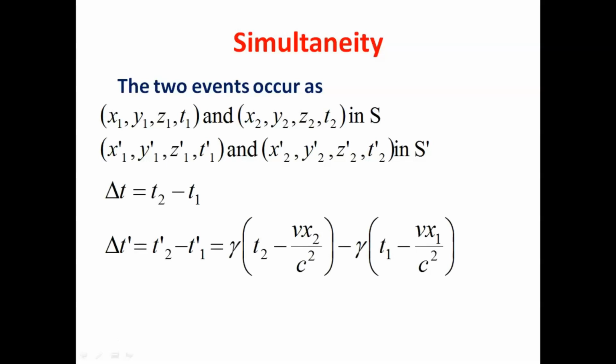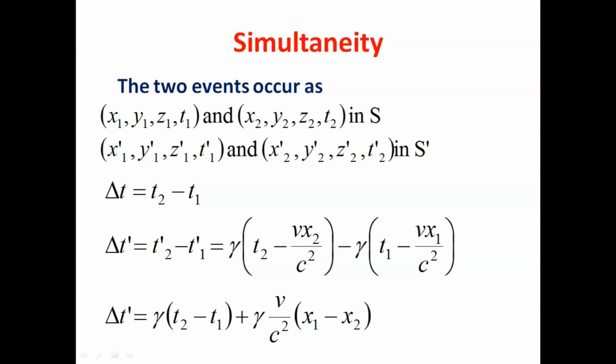Now delta t, that is time interval between two events, is t2 minus t1. Let us consider t2 to be a later event as compared to t1, and from Lorentz transformation equations, delta t dash, which is equal to t2 dash minus t1 dash, will be equal to gamma times the quantity in the bracket t2 minus v x2 by c square, minus gamma times t1 minus v x1 by c square.